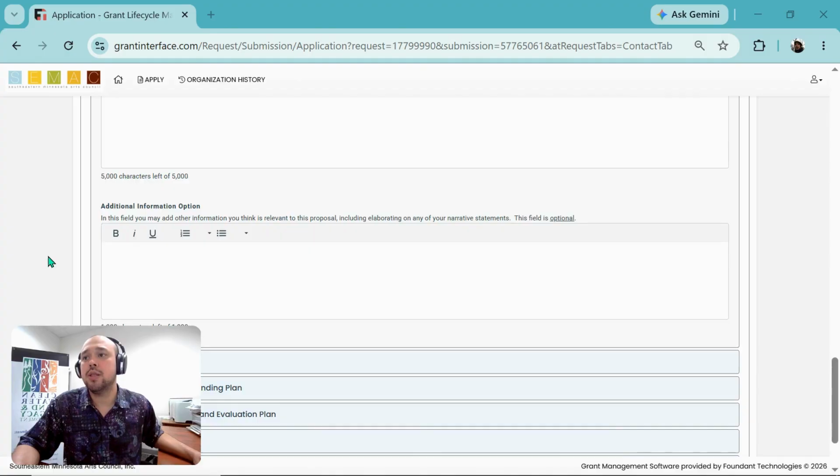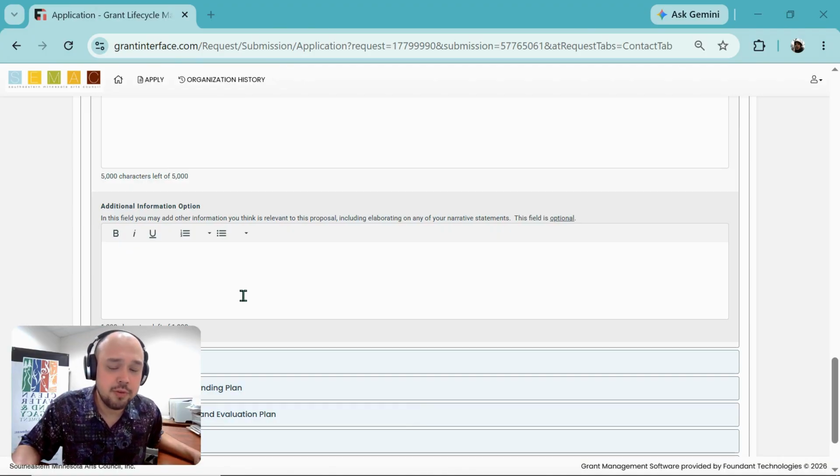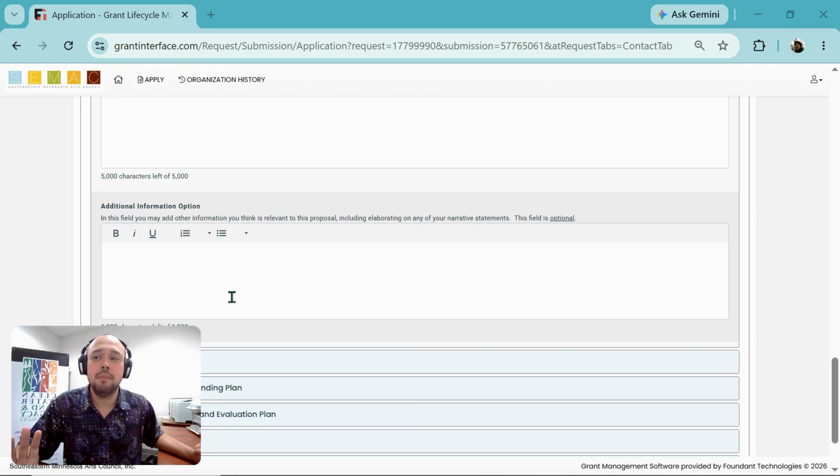There is another text box under here, the additional information option. If you have any additional information that you think a reviewer would benefit from reading, please make use of this text box.